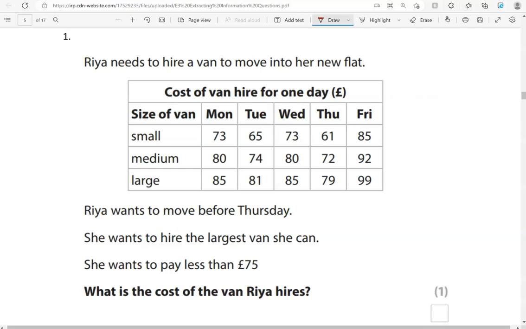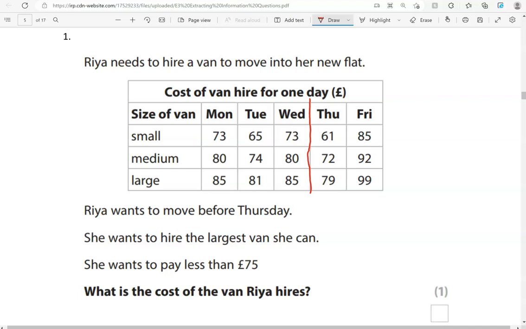So, needs to be before Thursday. So we're looking to the left, either Monday, Tuesday or Wednesday. And the cost needs to be less than £75 and the largest van possible.